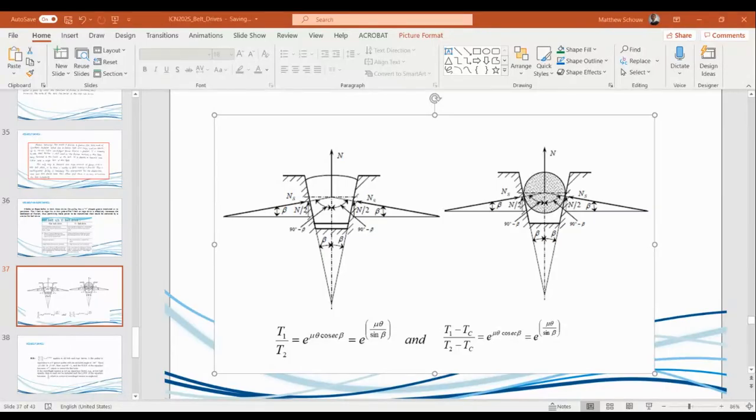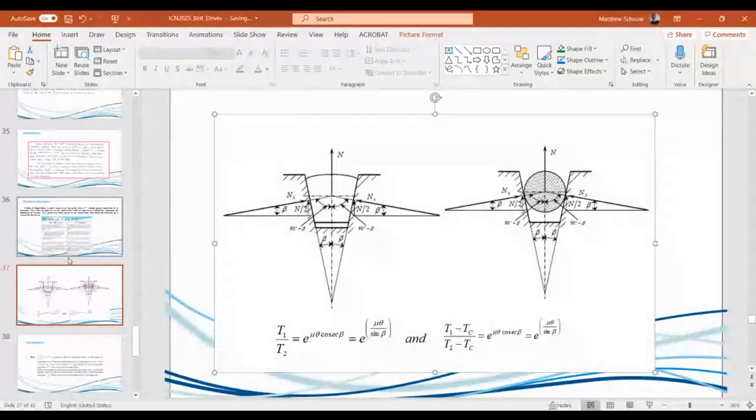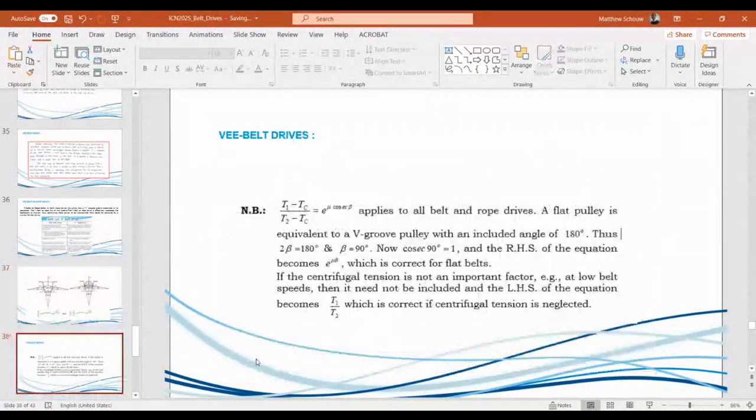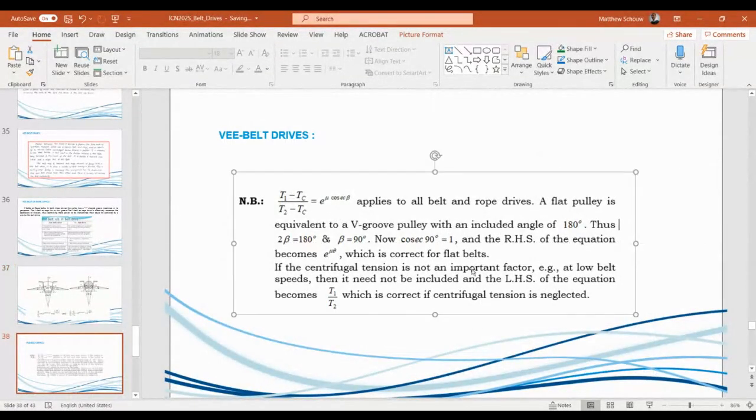So what is this new beta? Let's quickly discuss. The beta is called the groove angle. It applies to all belt and rope drives. A flat pulley is equivalent to a V groove pulley for the included angle of 180 degrees. Thus 2 beta equals 180 and beta equals 90.